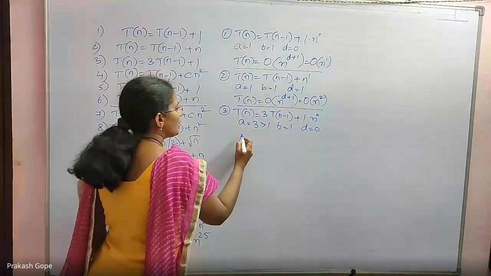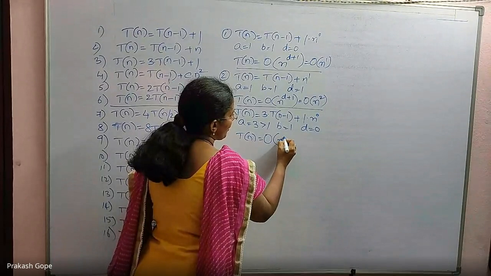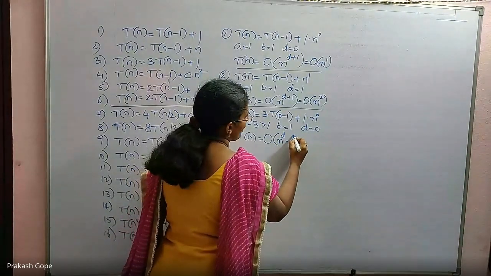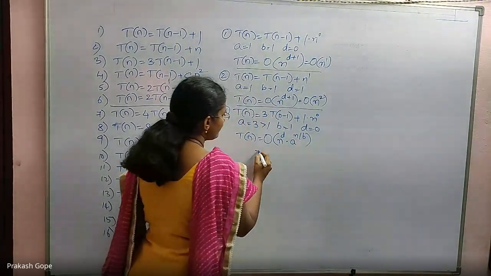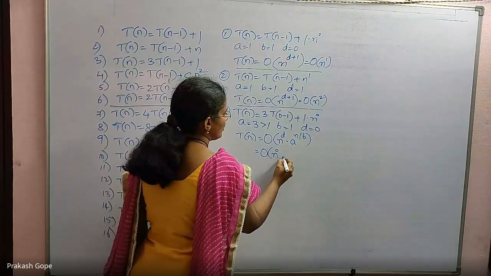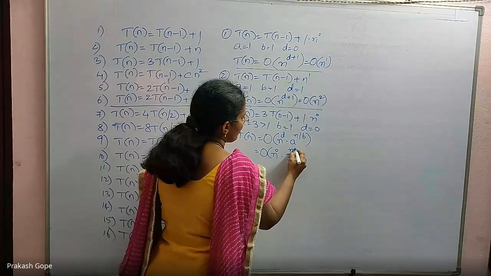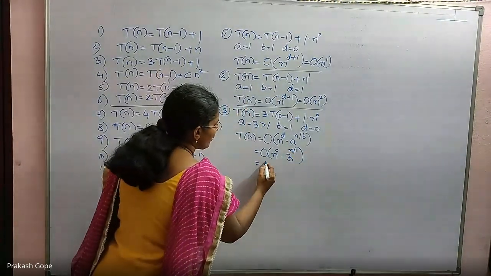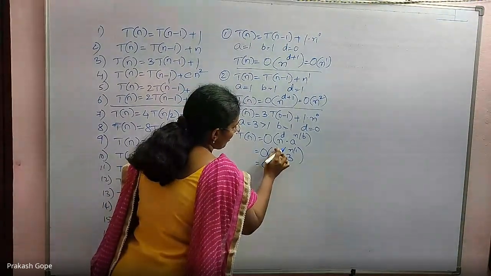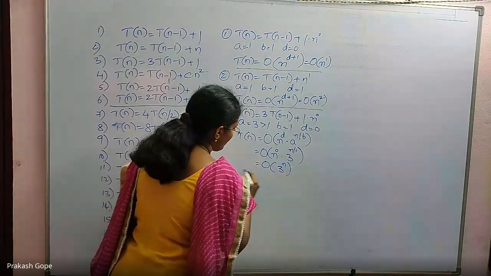So if a is greater than 1, what is the answer of T of n? It is equal to big O of n power d into a power n by b. Big O of n power d, d is 0. A is 3, 3 power n by 1. Simplify. Big O of n power 0 is 1. So 1 into 3 power n. That's all. So 3 power n is the answer.